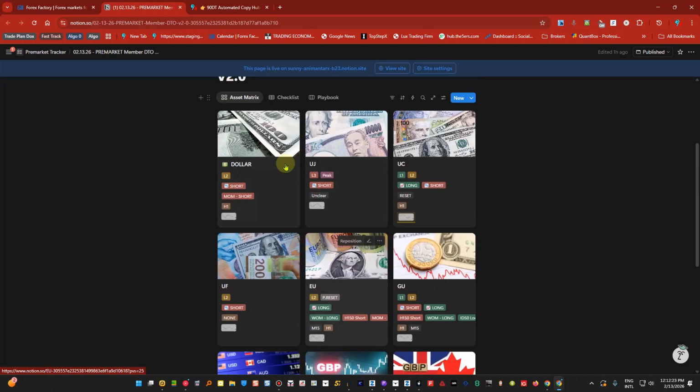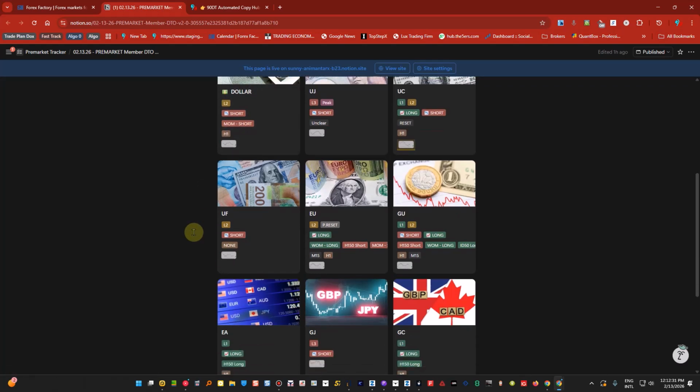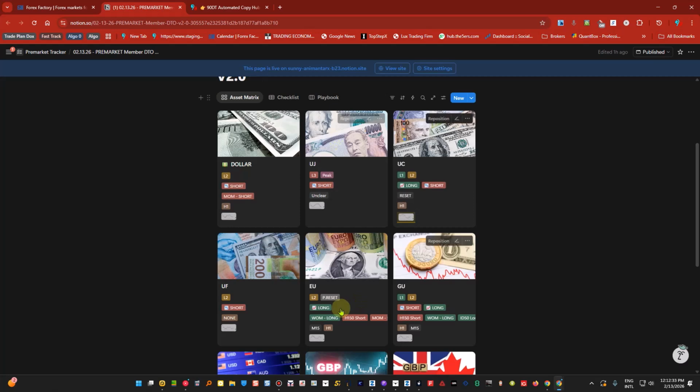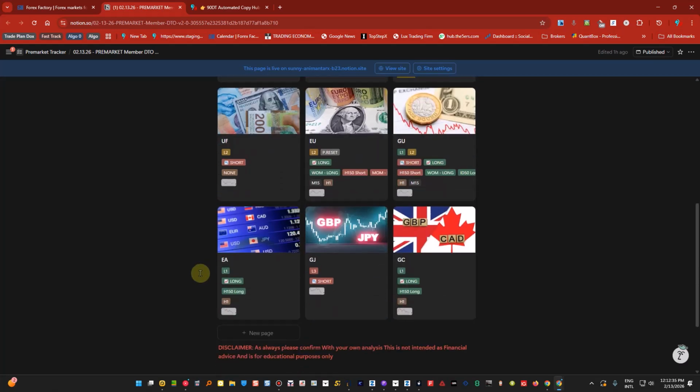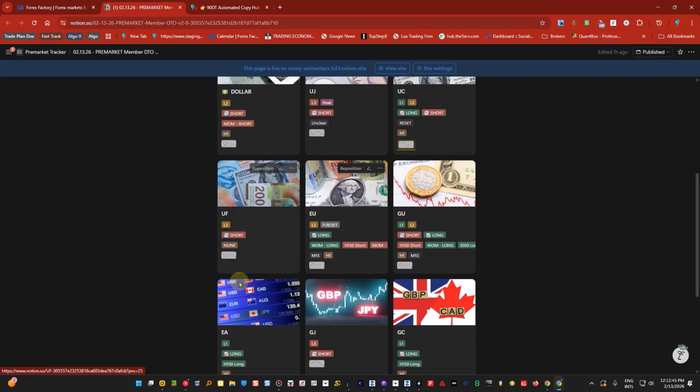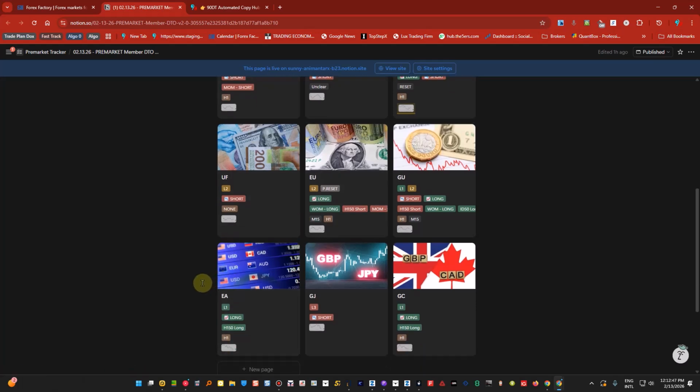We have most of the majors, including the DXY dollar basket that lets you know what's going on with the US dollar itself. I like to look at that so I know what's going on with dollar-based pairs. Then I have a few crosses to round out the rest of the instruments, which allows you to get trade opportunities even when dollar-based pairs don't offer clean opportunities.